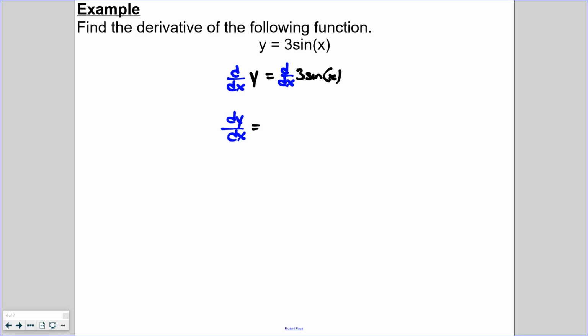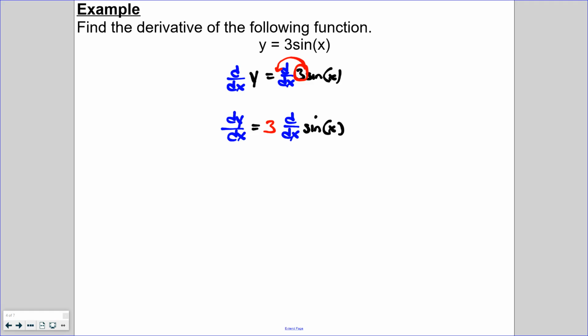Then we just have to figure out how to take the derivative of 3 sine of x. We know the derivative of sine, but what do we do with that 3? Fortunately, in a previous video, we talked about how if you have a coefficient on the function, you can factor it out of the derivative, meaning we can pull the 3 out and then take the derivative of our sine function.